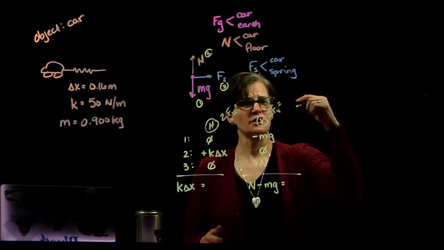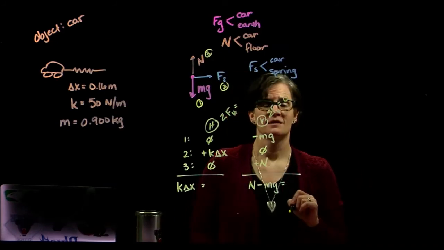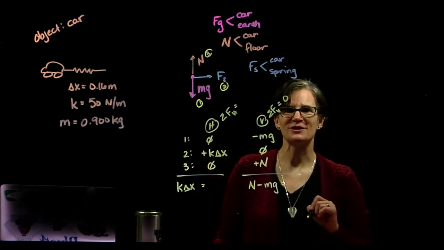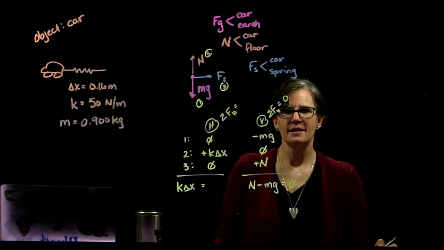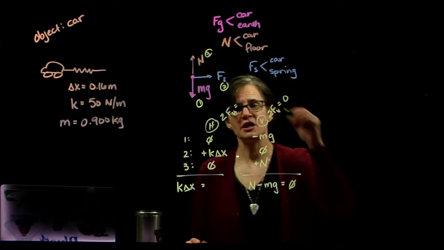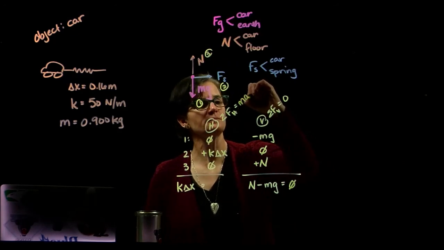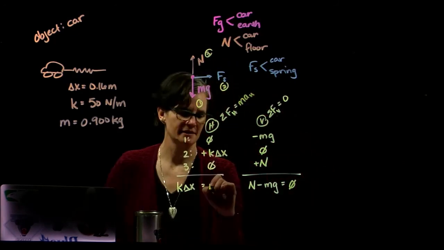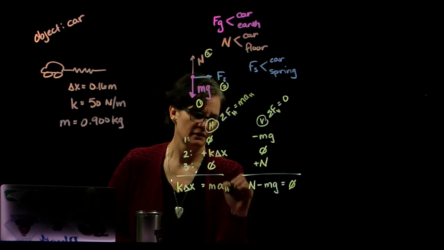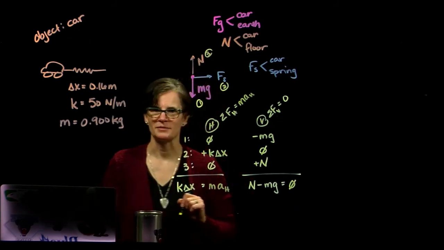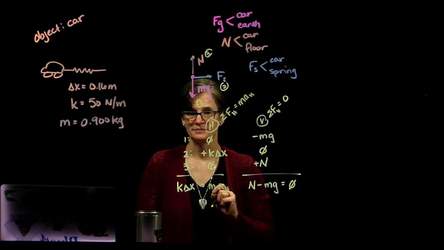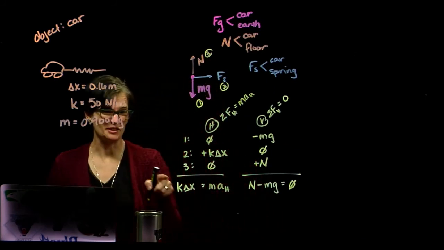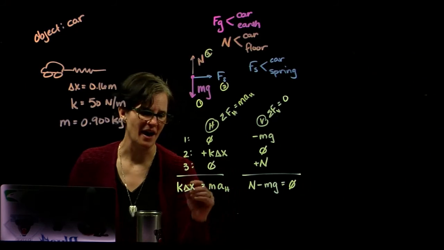Vertically, we're not changing our motion in the vertical direction, so those forces are 0. Horizontally, we are changing our motion, so these forces are equal to the mass times the acceleration in the horizontal direction. Now, we're interested in that acceleration, so this is what we're going to go after.